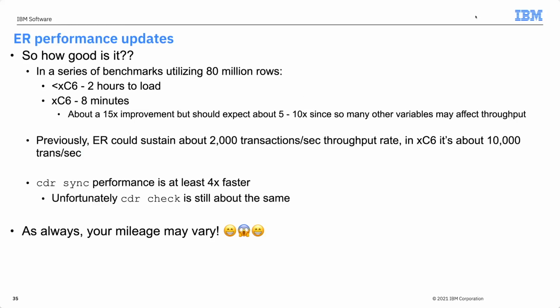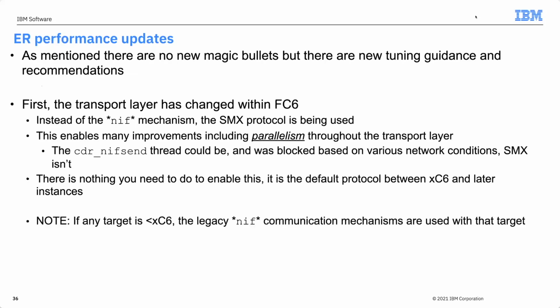He talked about the transaction throughput rate, that CDR sync is faster, but CDR check is still about the same. As always, though, your mileage may vary on any of these statistics, so don't hold me accountable if you only get a 13 times improvement rather than the 15 times improvement that I'm showing here.